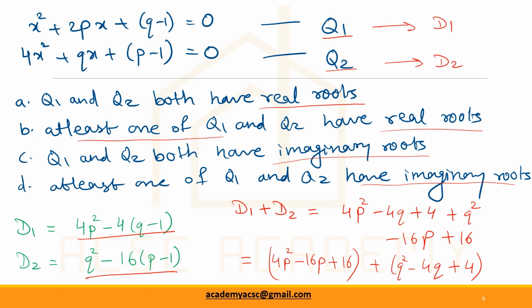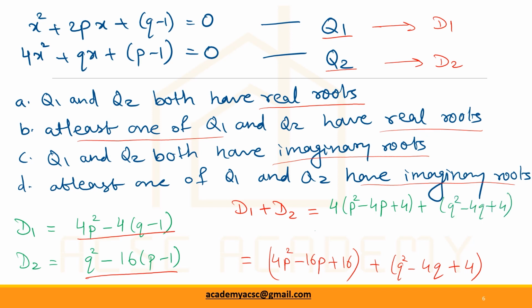Now, can we simplify these even more? Yes, it seems that it'll be possible. Let us write that over here because of lack of space. From these p terms, we can take 4 as common, then that will become p squared minus 4p plus 4, and q squared minus 4q plus 4 as it is.